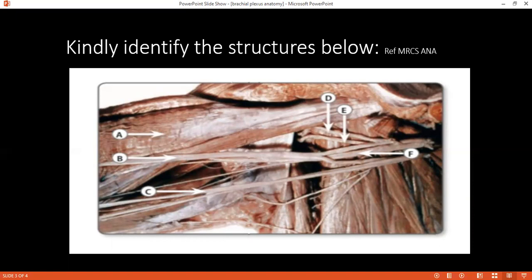Intervertebral foramina. Then trunks, between the scalenus anterior and medius, in the posterior triangle of the neck.